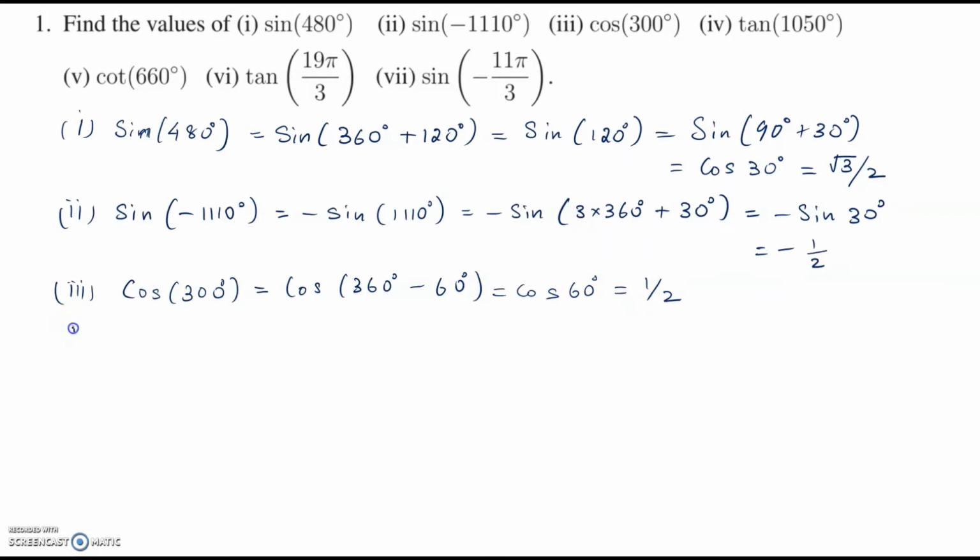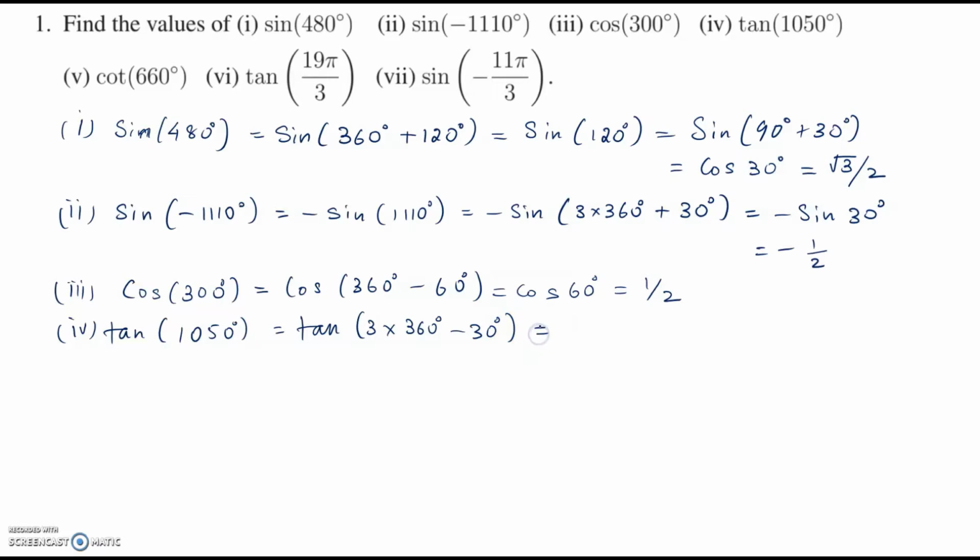Question number 4. Tan 1050 degrees. Now we can write tan 1050 as 3 cycles of 360 minus 30 degrees. So 3 times 360 degrees minus 30 degrees.